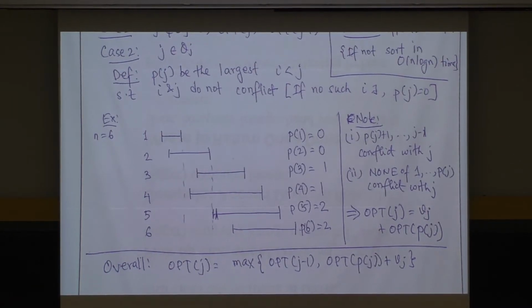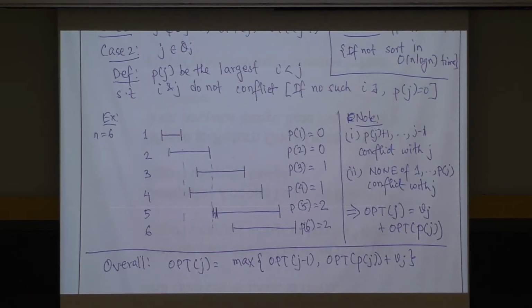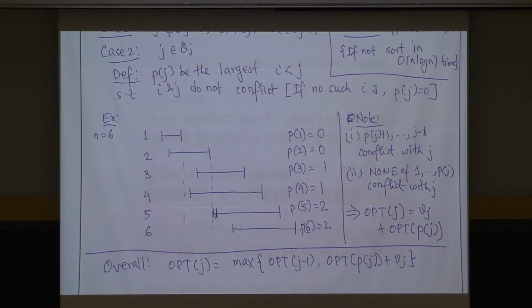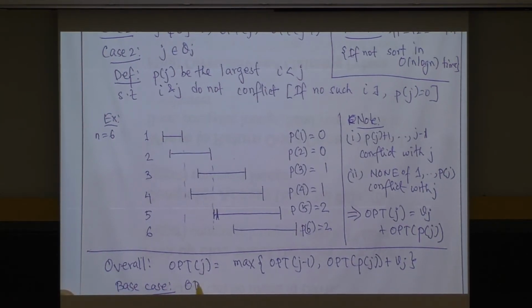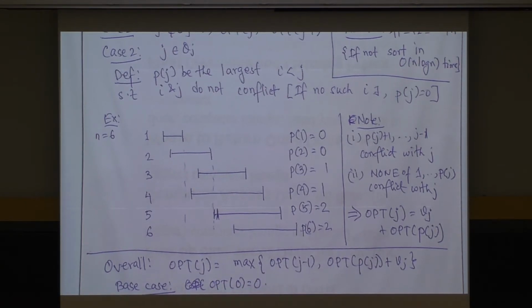Of course we need a base case, but the base case is kind of trivial. Opt of 0 is 0. If you don't have anything, you don't get anything. And we are done. So we now have a complete recursive definition of the value of an optimal solution on the first j guys in terms of the optimal value for j minus 1 and the optimal solution for P of j.